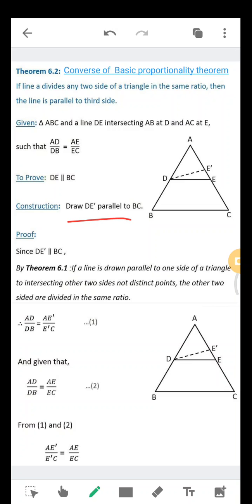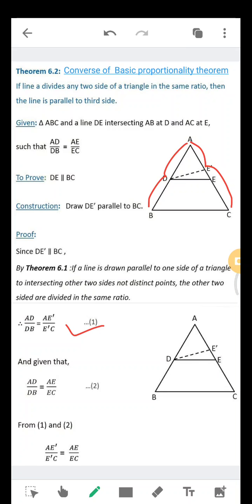It's not looking parallel, but that is our consideration. We suppose it. So draw DE dash parallel to BC. Since DE dash is parallel to BC, as we have constructed, according to Thales theorem, I can write AD by DB is equal to AE dash by E dash C.